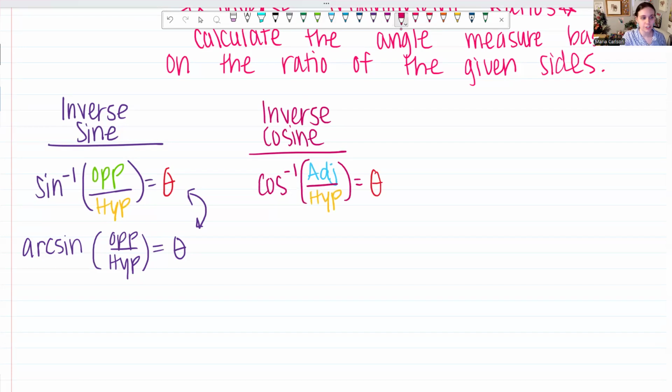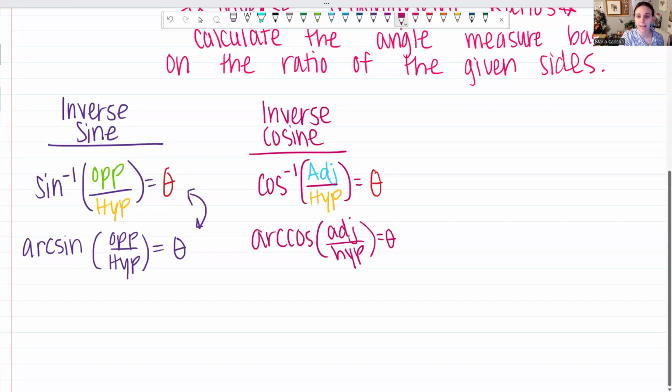The other notation we could use is arc cosine, arc cos. So the arc cosine of the adjacent side over the hypotenuse will tell us that angle measure theta. Either of those notations will work as well.